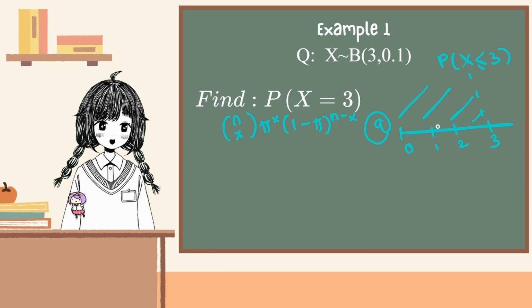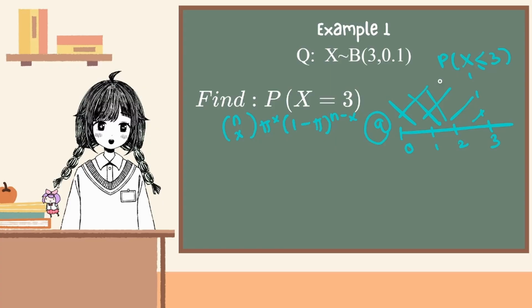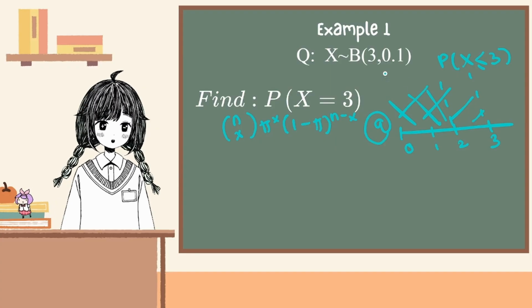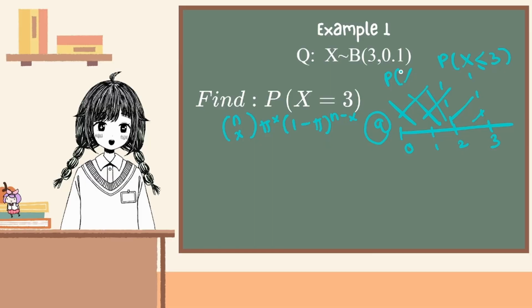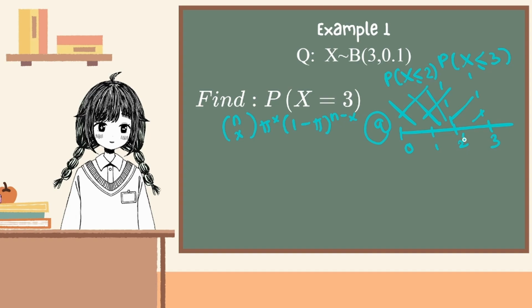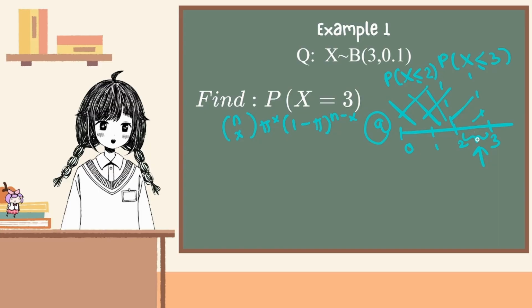So next, we'll cross this just until 2. So this will be translated to P(X less than or equal to 2). So we see here, this is our answer located.